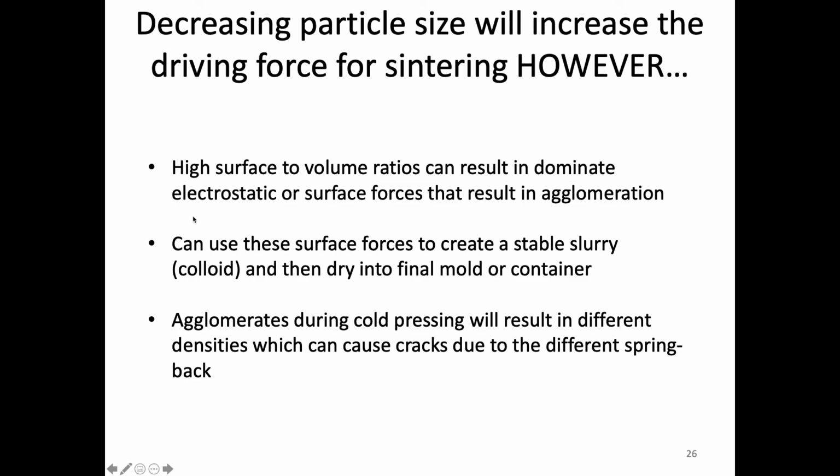But again, agglomerates are bad for this. And so the processing, if we're doing some type of pressing technique for shaping and forming, can cause some issues there because they don't freely flow. And so there's processing challenges to nanoparticles, but there's also some advantages, obviously based on the driving force, and then the fact that we can use it in something like slip casting makes this very, very advantageous.